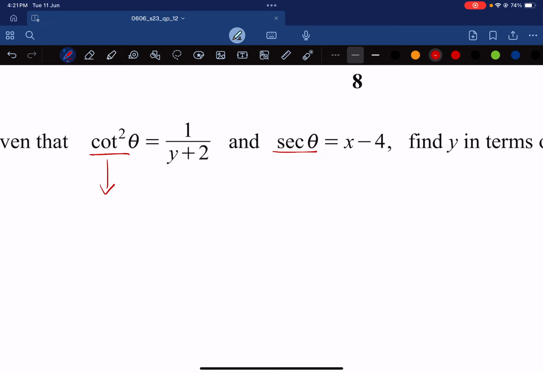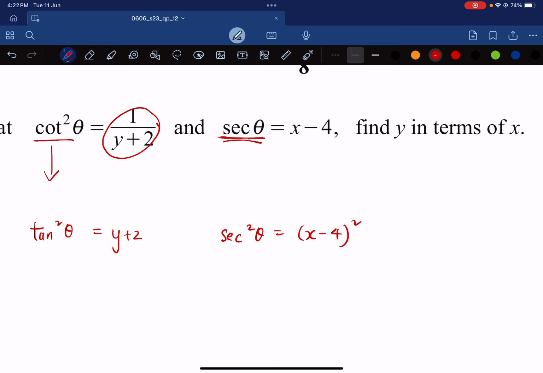So from here we know that cotangent squared, when I transform it to tangent squared, we are taking reciprocal, right? So reciprocal of this is y plus 2, and then secant squared is x minus 4, the entire thing squared. Because secant squared, you square this entire thing, x minus 4.